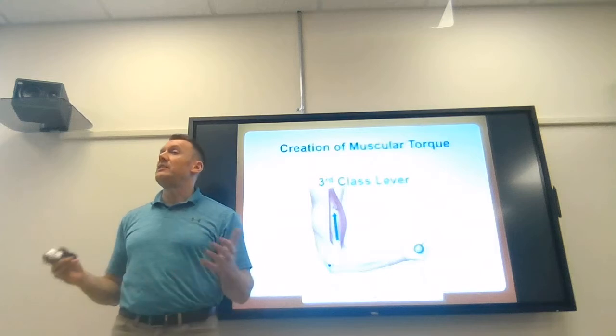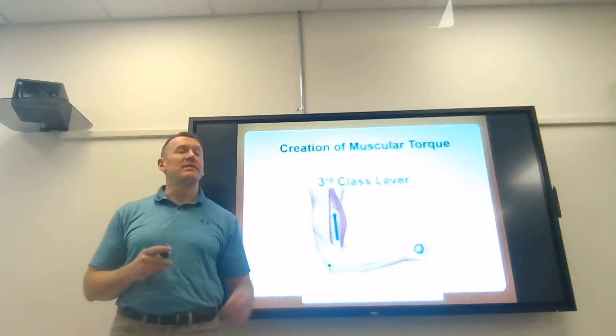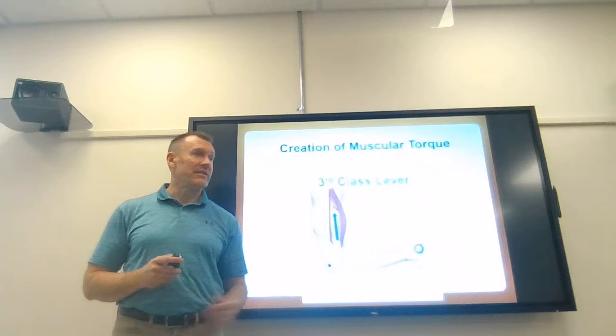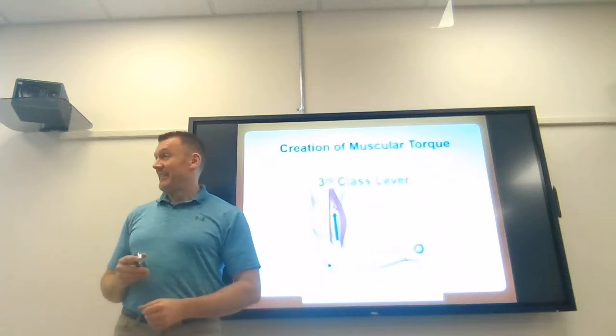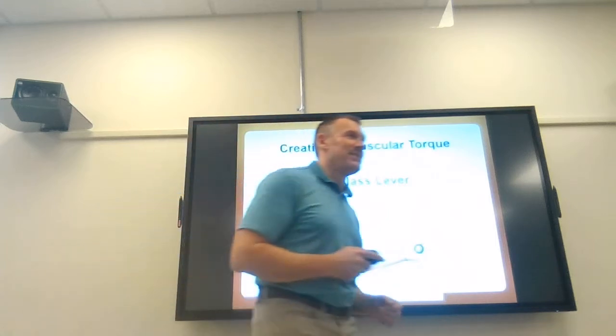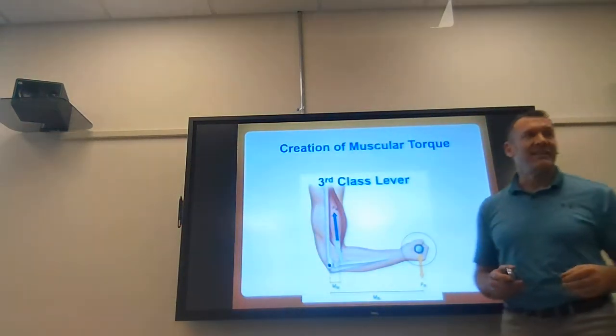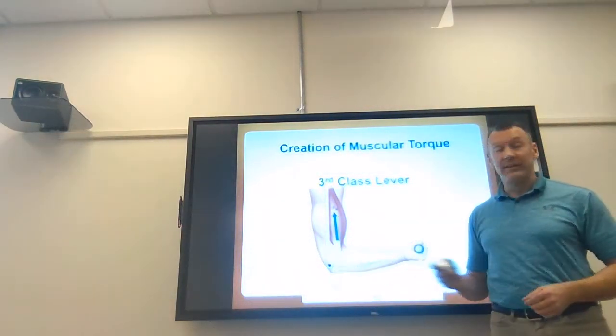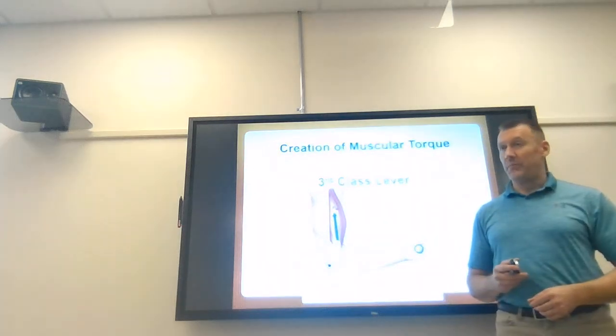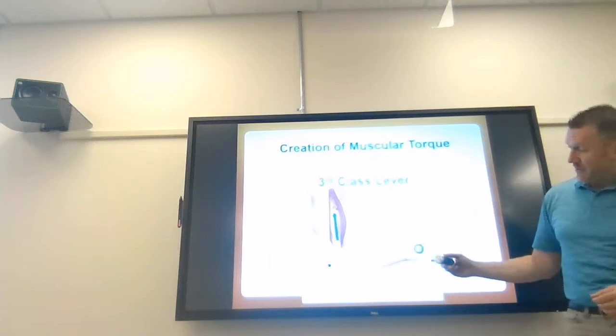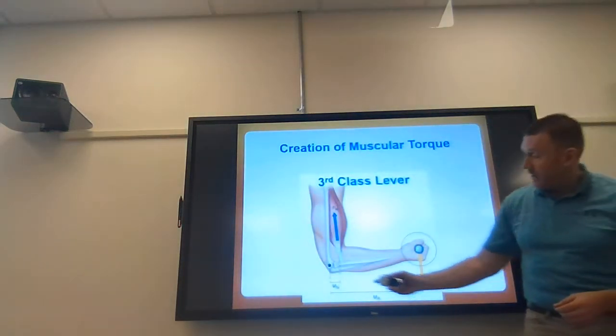Is it an advantage or a relative disadvantage in this arrangement? So you just compare moment arms. You can see that, yeah, so muscles have, again, a short moment arm, and the resistance moment arm is a lot longer.